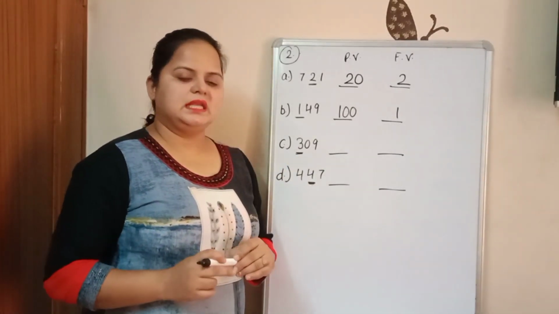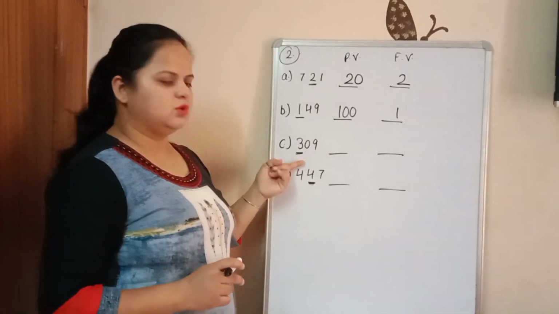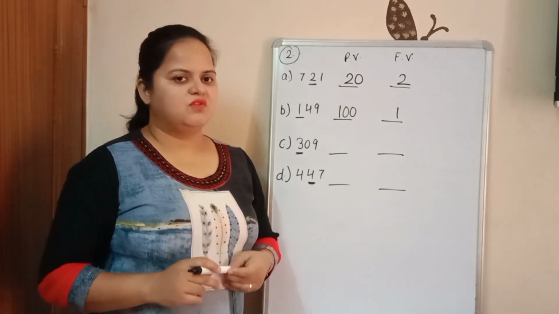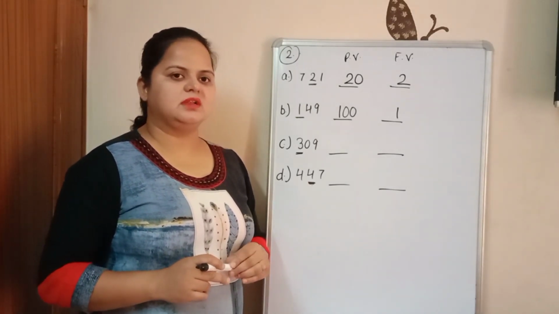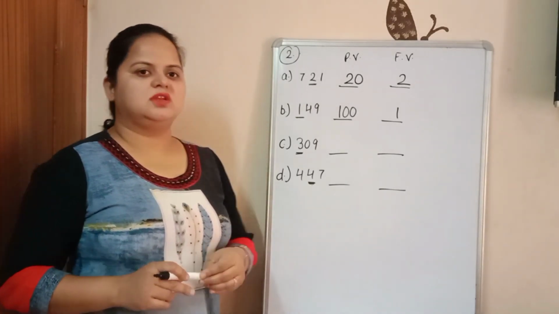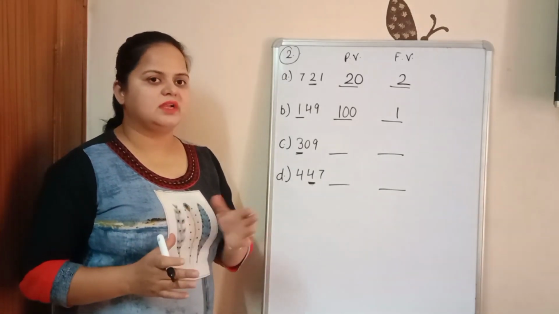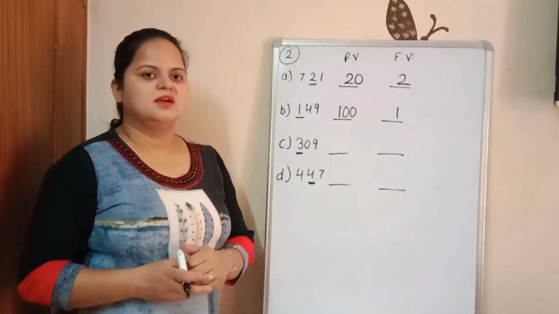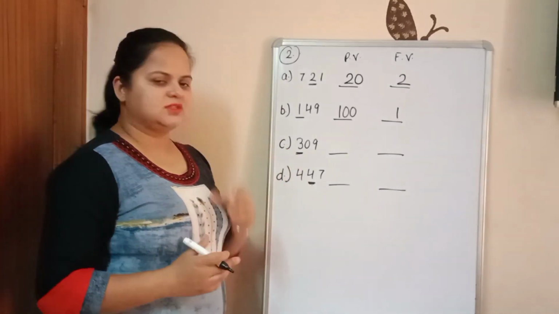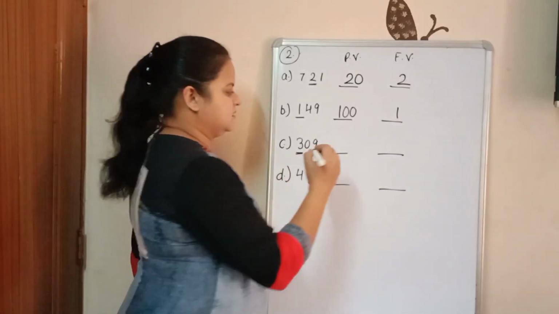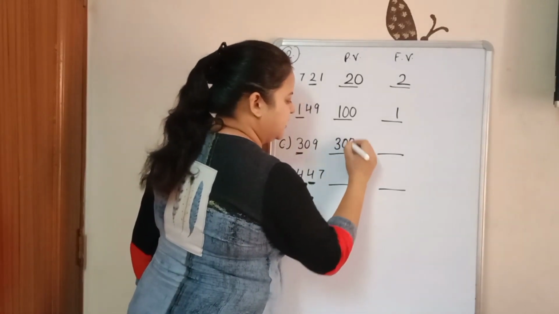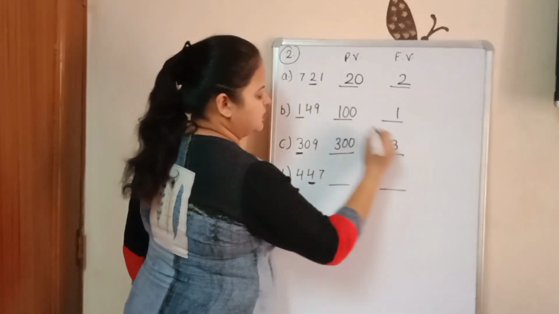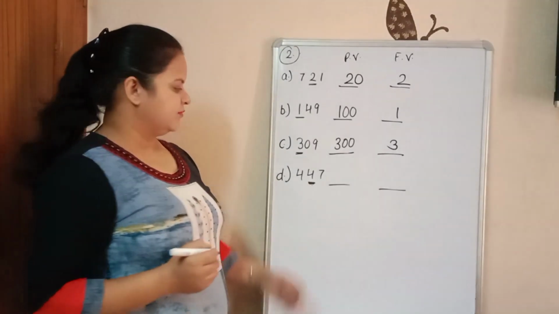309. In this number, what is the place value of 3? Very good, 300. How is it 300? Because 3 is placed on hundreds place. Very good. 300. And the face value is the same again, 3.